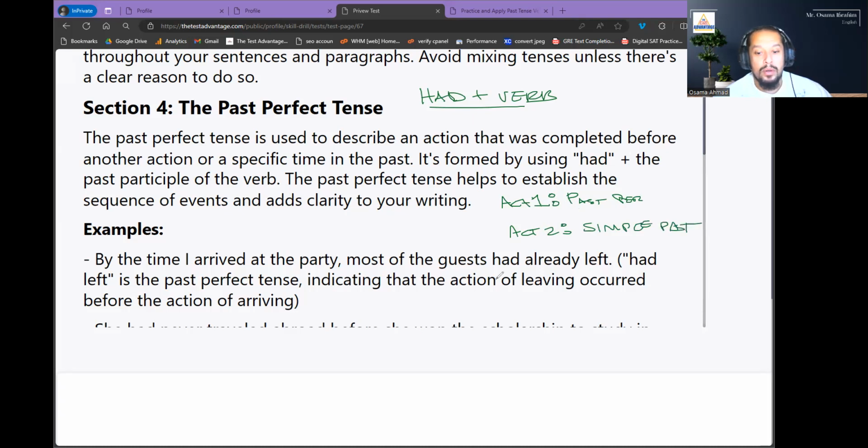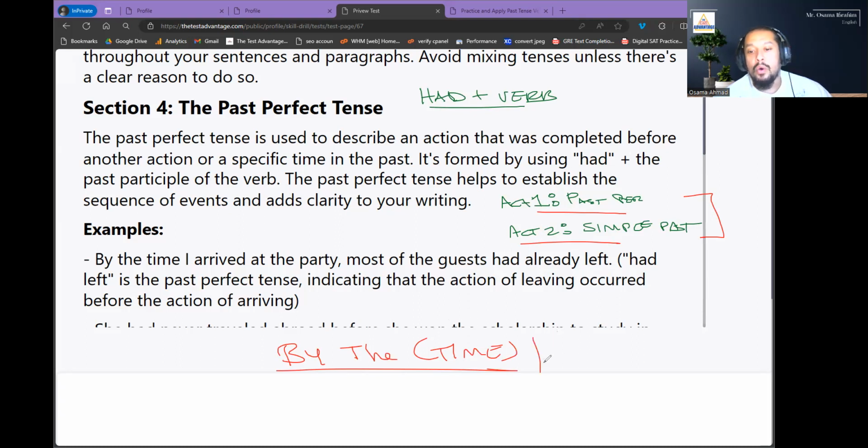Now remember, you need keywords for this, meaning you're looking for the phrase, for example, by the time, by 1996, by 1985, or you're looking for the phrase, I did X before Y. I had eaten before I went to play.